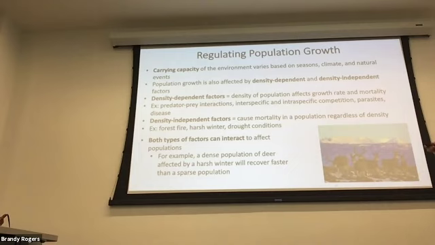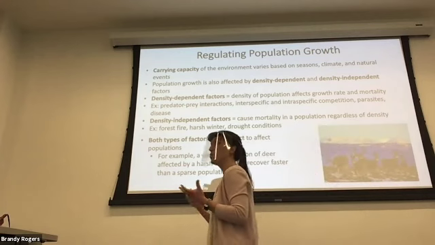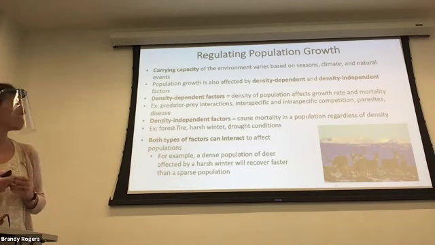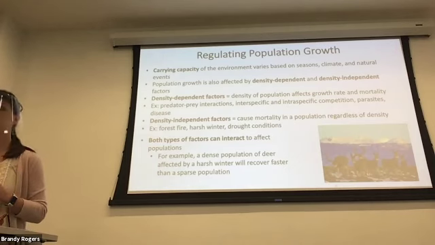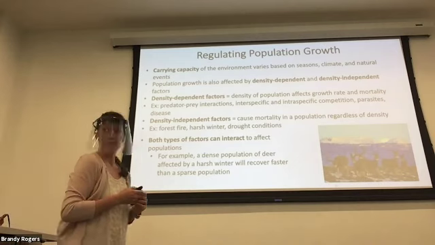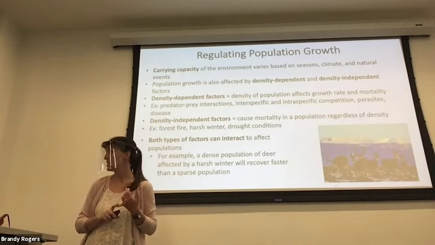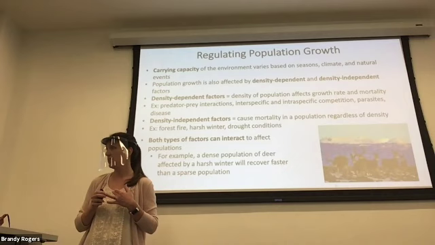What about parasites and disease? How is that a density dependent factor on regulation of population size? What do you guys think? Parasites and disease. Absolutely. The more dense the population, the more easily things like diseases that are communicable or parasites can spread.